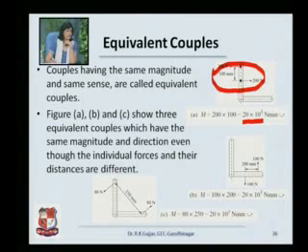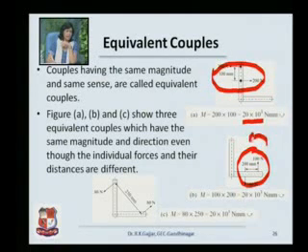If I remove this couple from here and I apply it over here, mind well, not with the 100 Newton force, with the 200 Newton force. The same couple is being placed over here. What will happen? The body will still rotate in the anti-clockwise direction by a magnitude of 20 Newton meters.